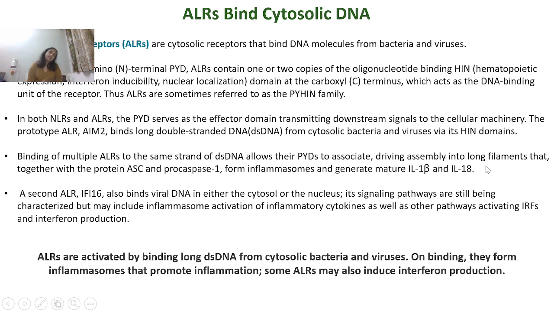Not only NLR but ALR can also form inflammasomes. In a similar way, these ALRs bind to ASC and procaspase-1 to form inflammasomes, and they also generate mature IL-1 beta as well as IL-18.